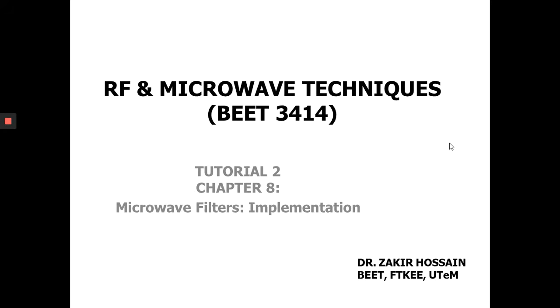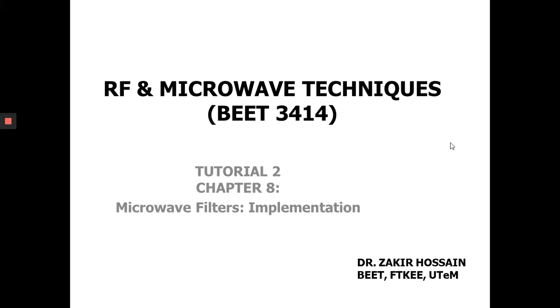In the previous lectures, from lecture 10 to lecture 15, we learned how to calculate different filters, such as the low pass filter, the prototype low pass filter, the high pass filter, and the band pass filters.